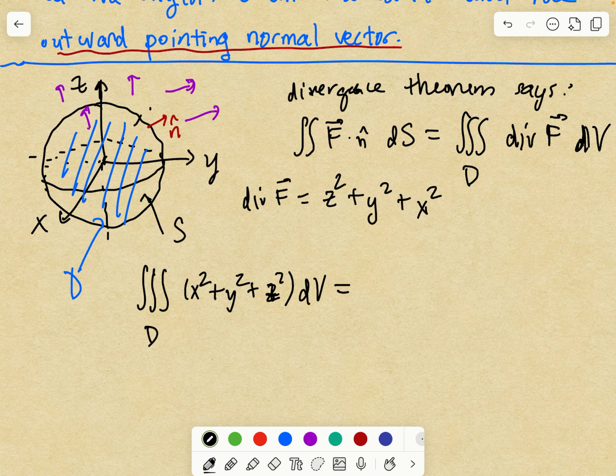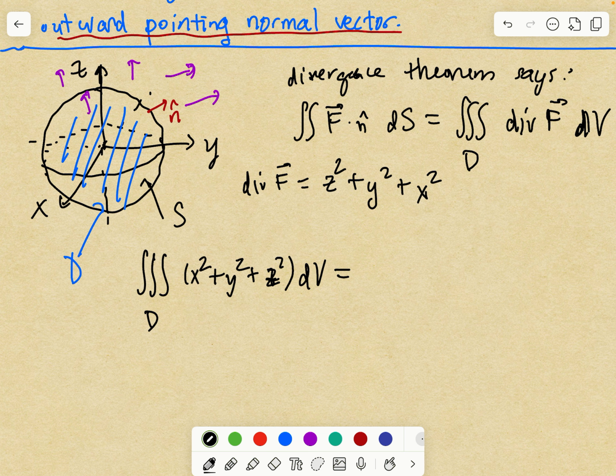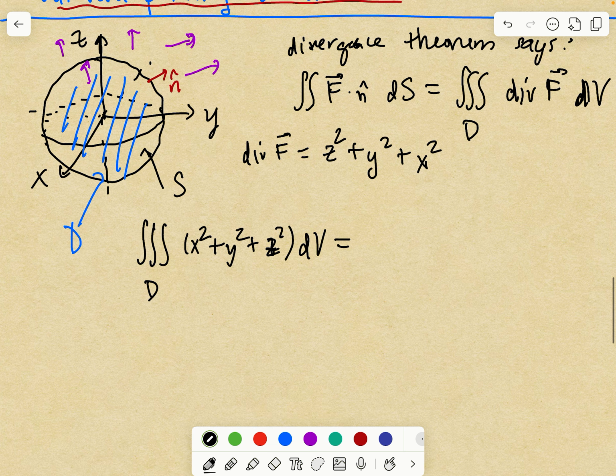How do we do this? What's the solid that we're integrating over? It's a sphere of radius 2 centered at the origin. So we need spherical coordinates. We're going to do d rho, d phi, d theta. Let's set up the bounds.